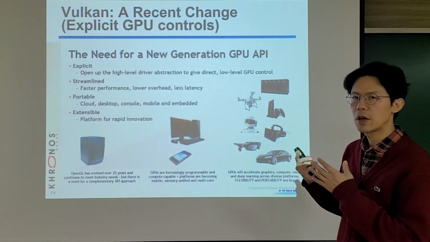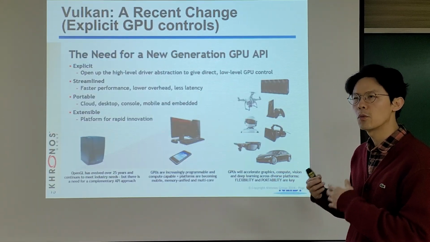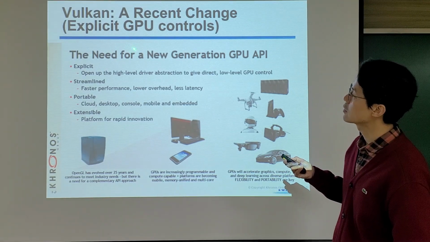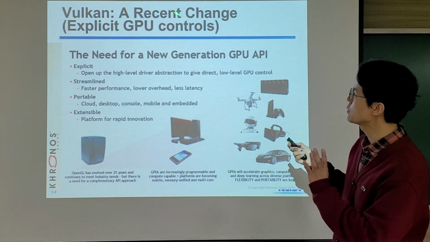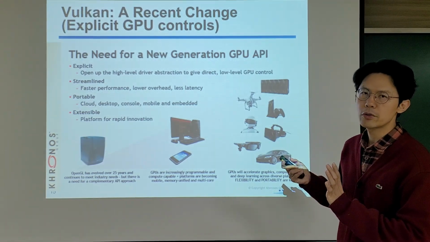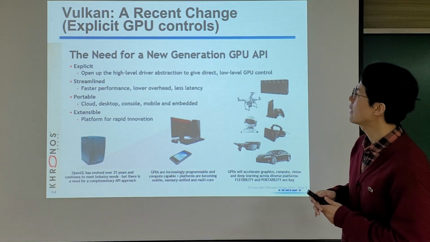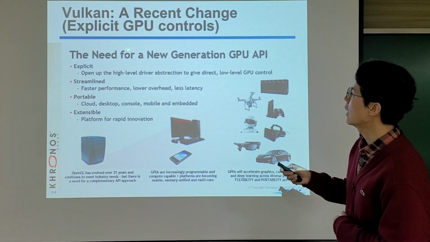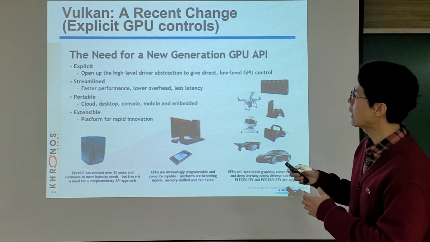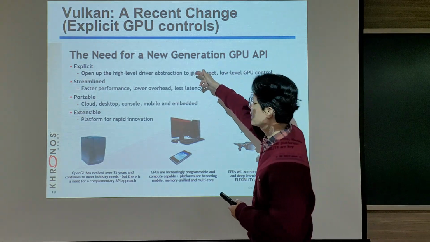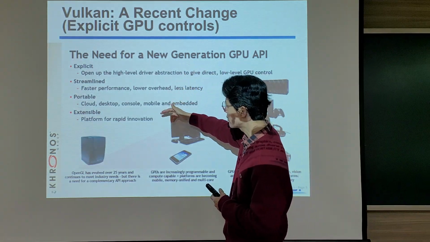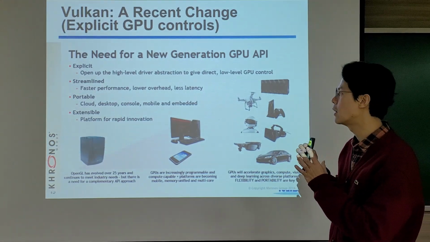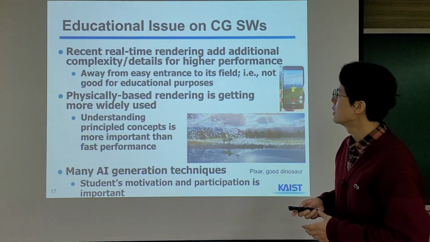But since we are using mobile phones and other devices where we need much more performance, many times we need to use explicit GPU control, which complicates lots of things. As a response to that kind of demand, we got Vulkan, a new API that enables explicit, streamlined, portable, extensible control, but it comes with the cost of lots of details.